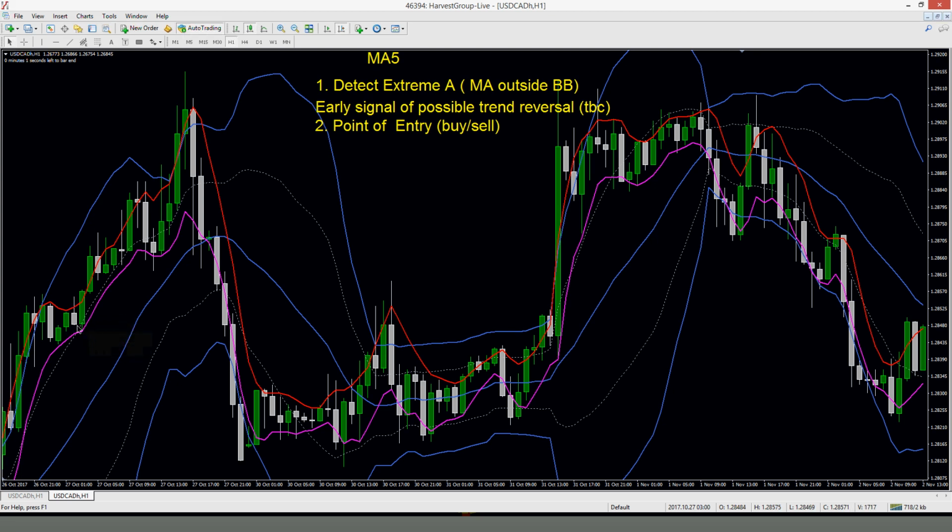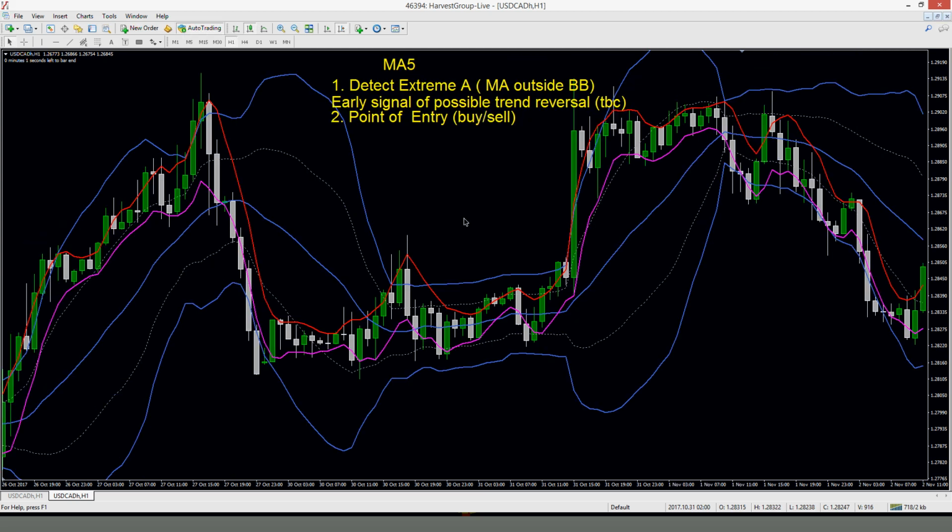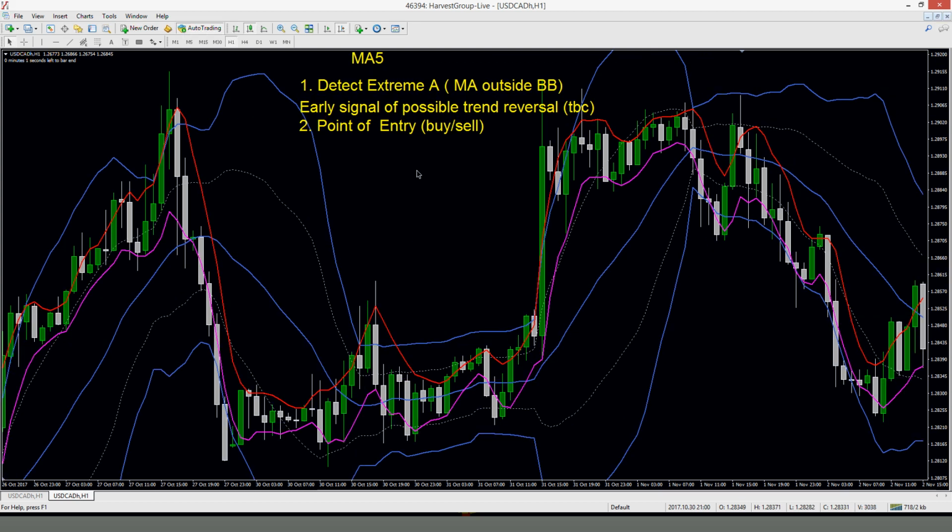However, the candle rejects MA5 low over here, so this is also a point of entry buy, because if you understand how the candles are going right now, this is a buy momentum Bollinger Band, so the price is moving up, so this is a buy entry. So this point of entry sell here is only temporary because this is TP chip. Okay, so that's what you need to understand when it comes to MA5.